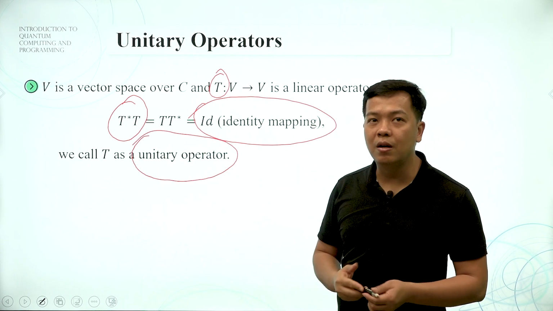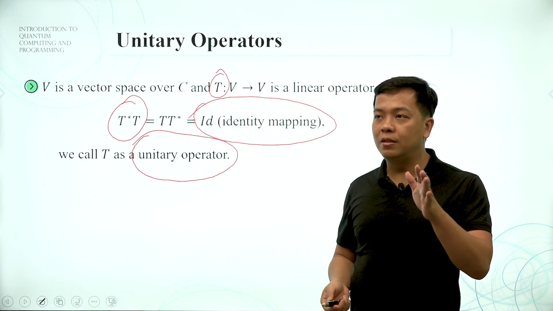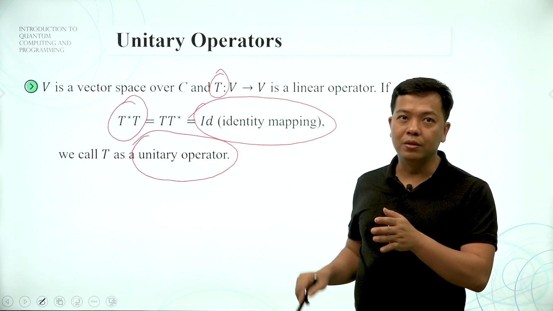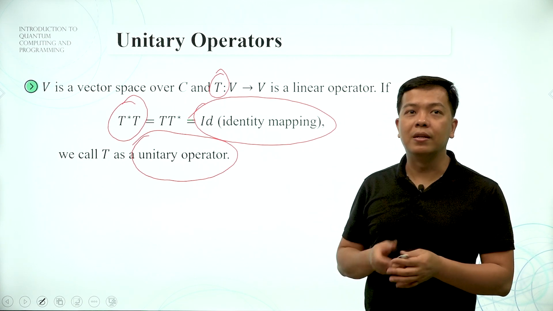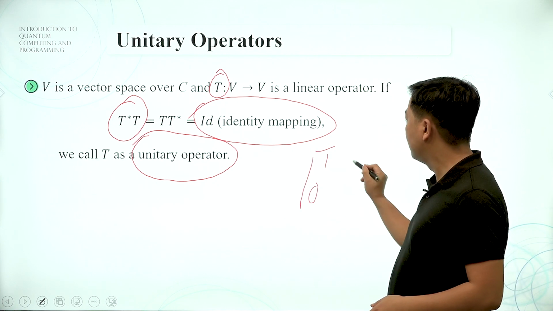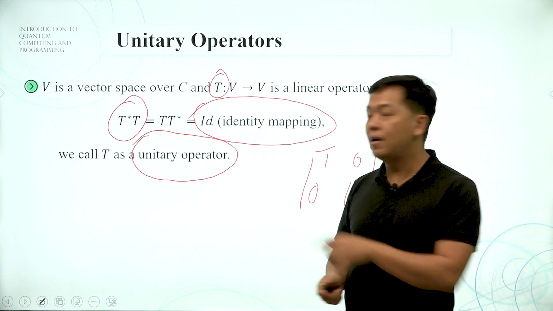Identity mapping creates a matrix with diagonal values always 1, something like that. That's the identity mapping.